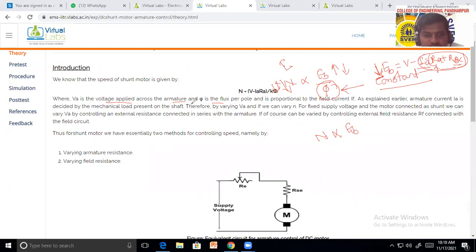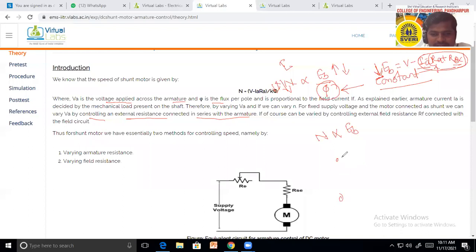Therefore by varying VA and IF, we can vary N. For fixed supply voltage and the motor connected as a shunt, we can vary VA by controlling an external resistance connected in series with the armature. Okay, so of course the diagram will be like this.